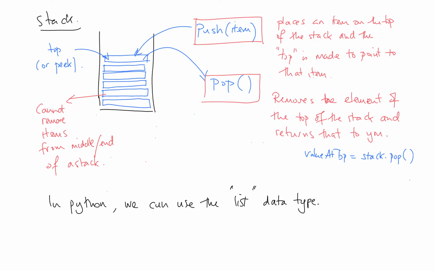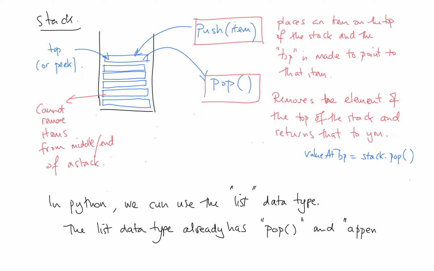And the reason being is that the list data type already has methods called pop, and it's not called push, but it's called append, and you've been using append already.